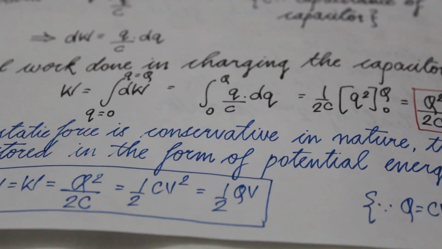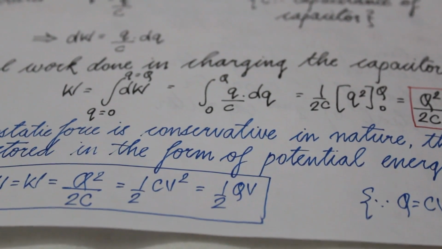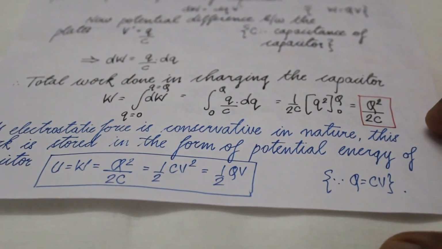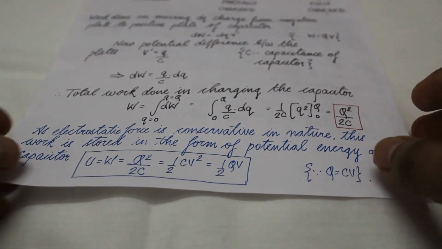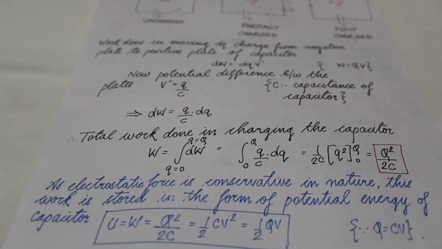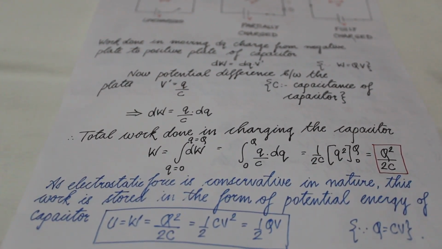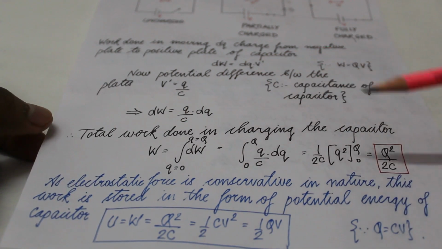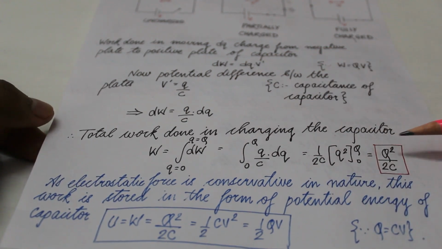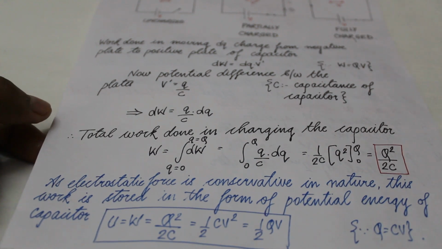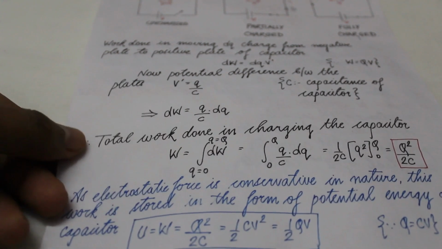Now as we know, electric forces are conservative in nature, thus this work done will be stored in the form of potential energy. So the work done, that was capital Q square upon 2C, becomes the potential energy, or the energy that is being stored in the capacitor while charging it.